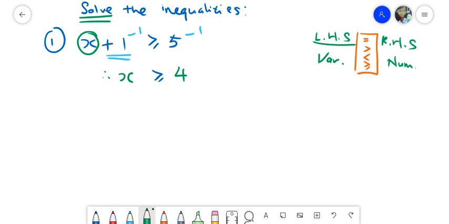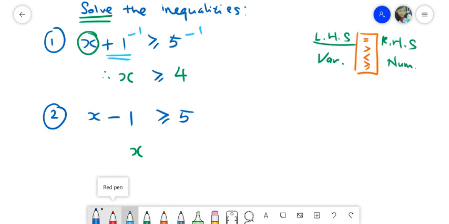Okay, let us go further. Let's say x minus 1. Just now it was plus 1, now it is minus 1. Again, as usual, x remains on the left. What's the extra thing here? The minus 1. How to get rid of minus 1?